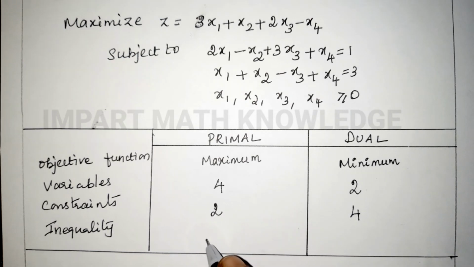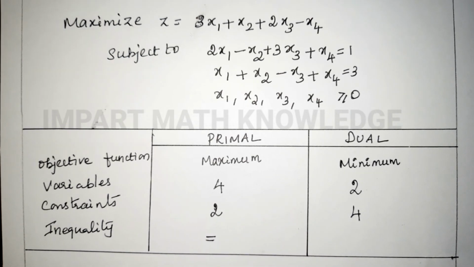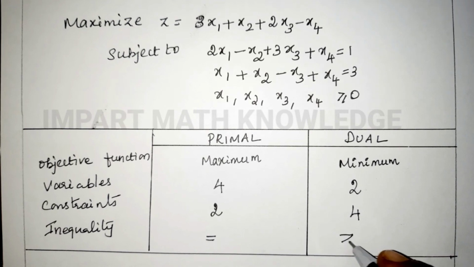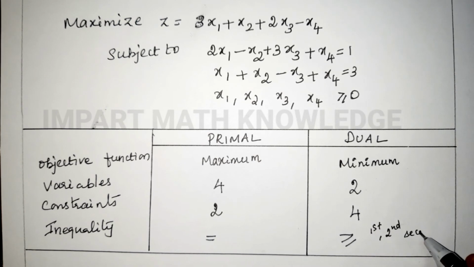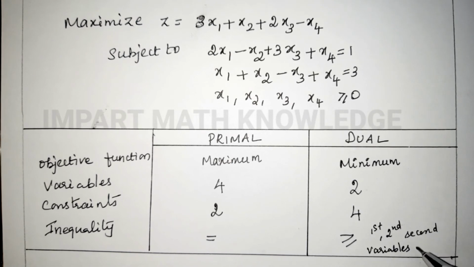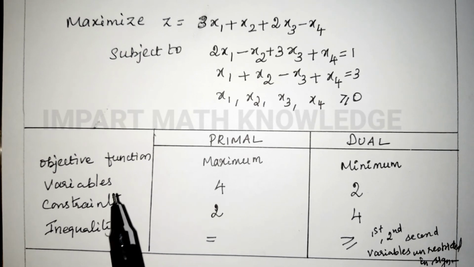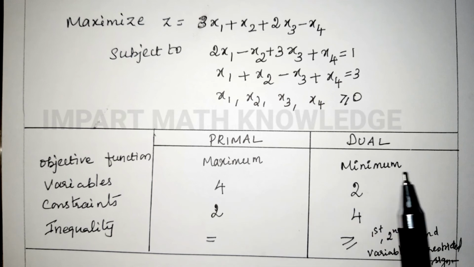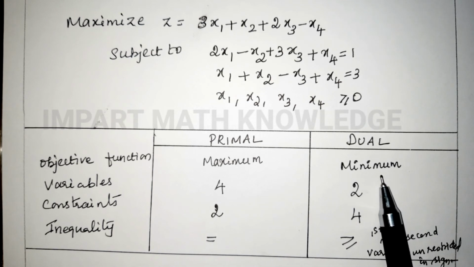In the given problem, your inequality is equal form. In the dual problem, you have to write greater than or equal to symbol, but the first and the second variables are unrestricted in sign. So let me repeat, in the primal problem your objective function is maximum, in the dual problem objective function is minimum.